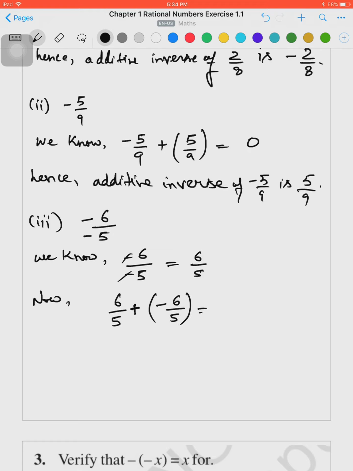When you open the bracket it will be like this, 6 by 5 plus minus 6 by 5. This plus and minus will become minus 6 by 5 and will result in 0.